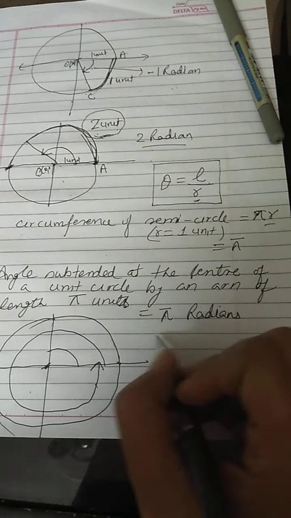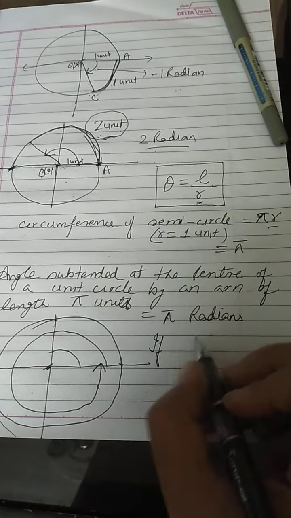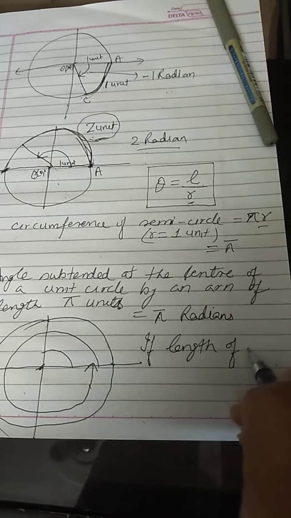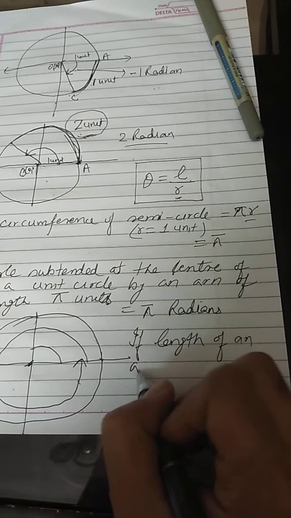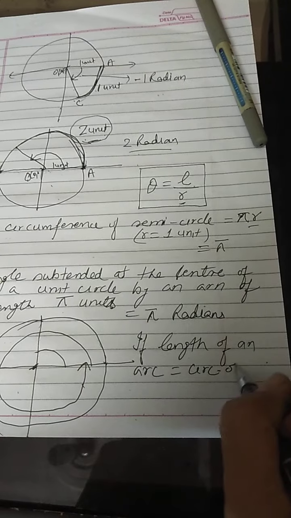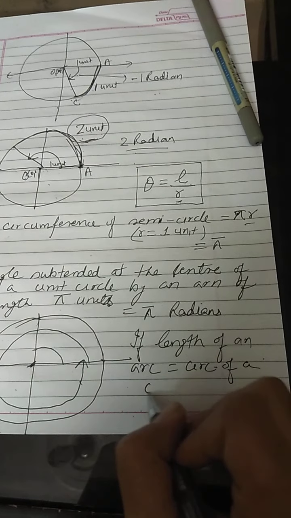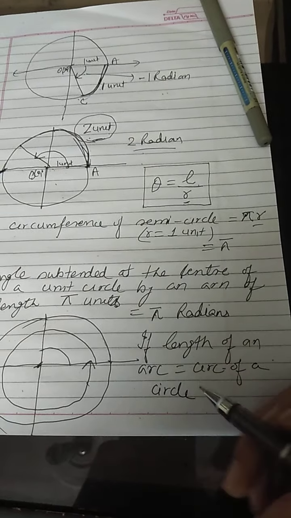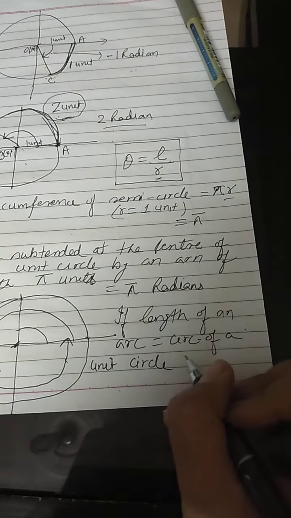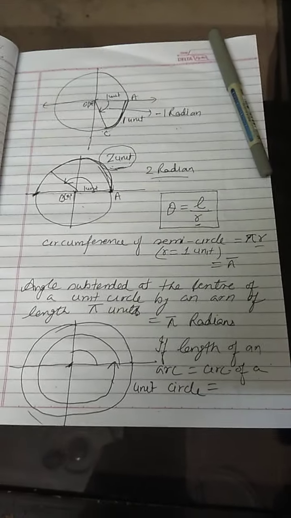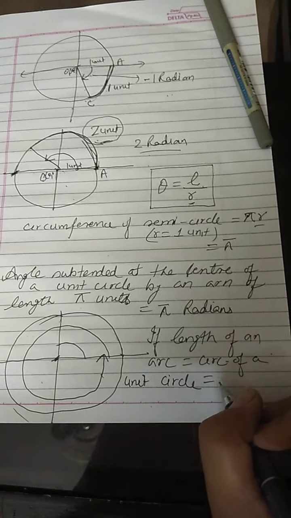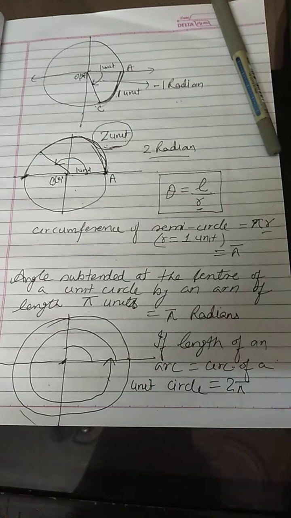Here, if the length of an arc is equal to the circumference of a circle, let us say a unit circle, because we are considering the unit circle. The formula for the circumference of a circle is 2 pi r, but the radius is 1 unit, so the circumference will be 2 pi only.